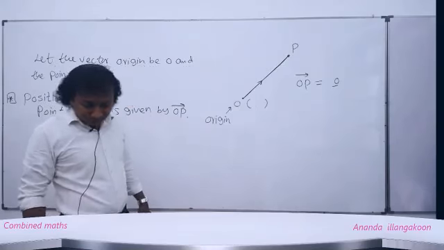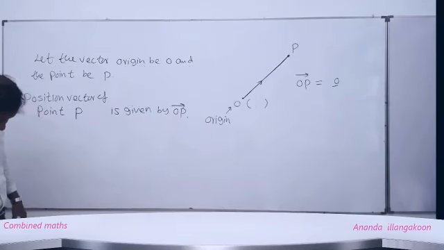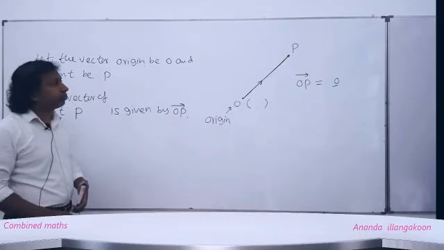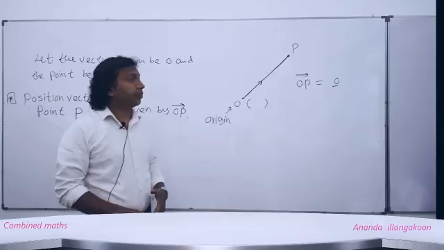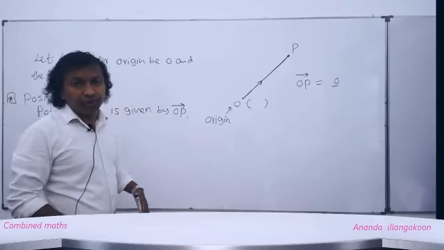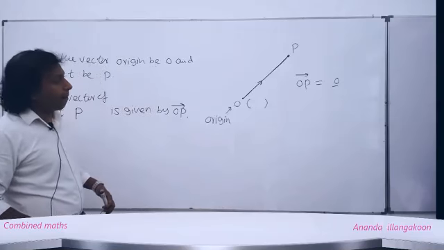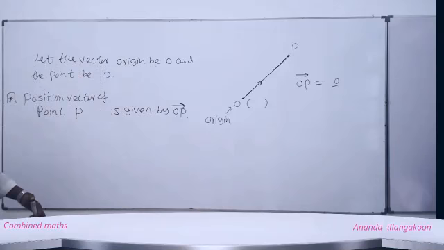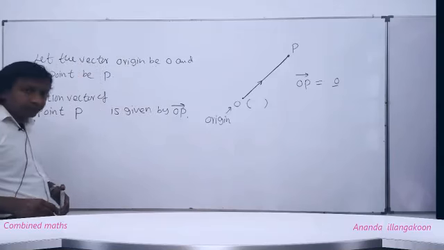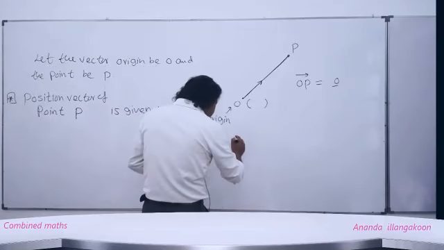The position vector of the origin O is the 0 vector.